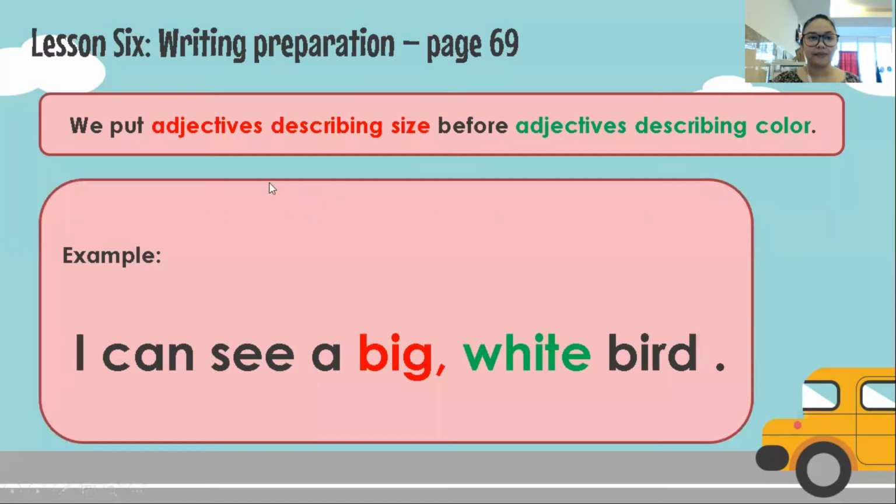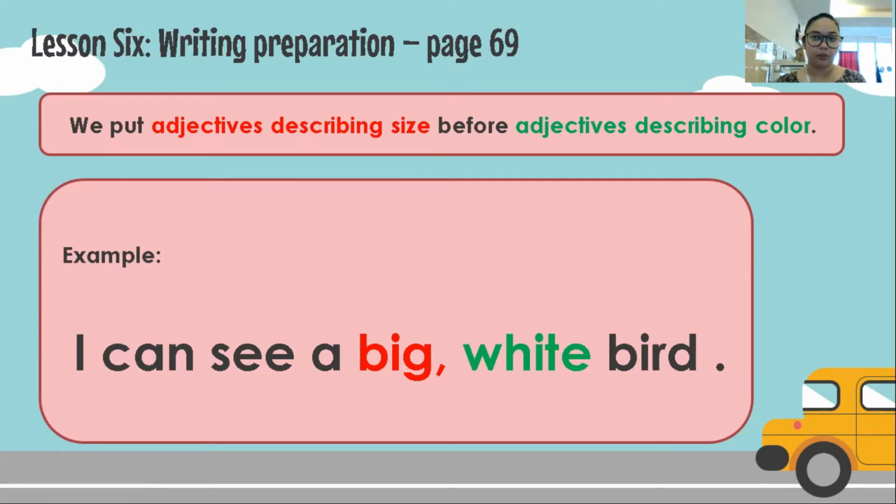Let's start. Okay, so we are going to learn today about adjectives. Here we put adjectives describing size before adjectives describing color. So in making a sentence, we put the adjectives describing size before adjectives describing color.